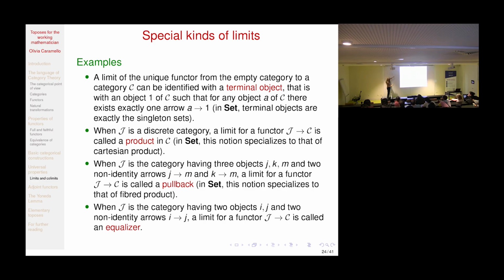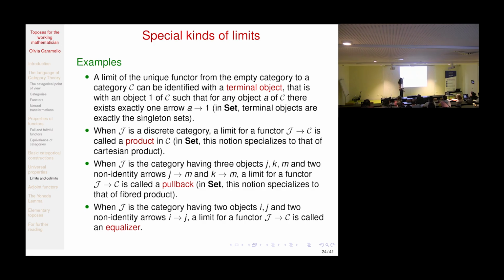Of course, an object is terminal if and only if it consists of a single element, because if I have more than one element, I could choose an A for which I have more functions between them. Okay, so again, this is an illustration of the possibility of capturing the property of a set being a singleton in categorical language.